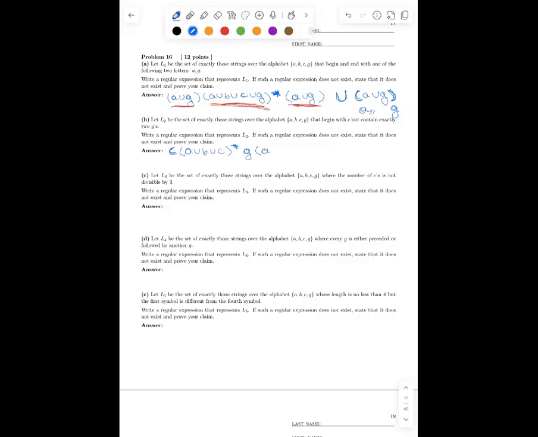Then I can have A or B or C. I'm not using the G here because if I use it, I will get more than two Gs. But I only need exactly two. If I use that, I might end up getting like three Gs instead of two.